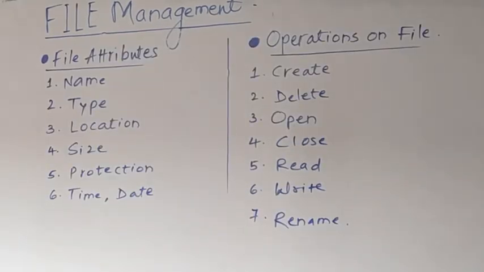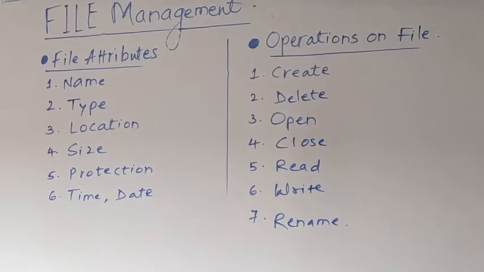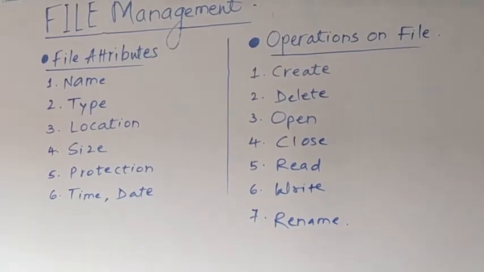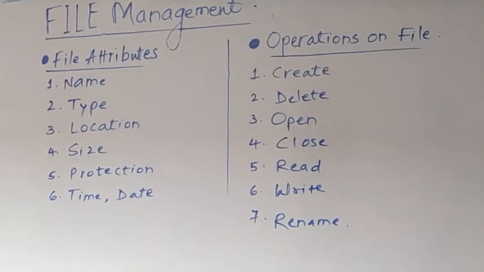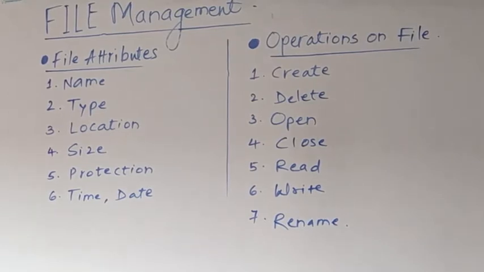Now when we create a file, that file stores a lot of information, maybe of different types. To arrange those files in a proper way, it is the responsibility of the operating system. Now for every file there are some attributes.